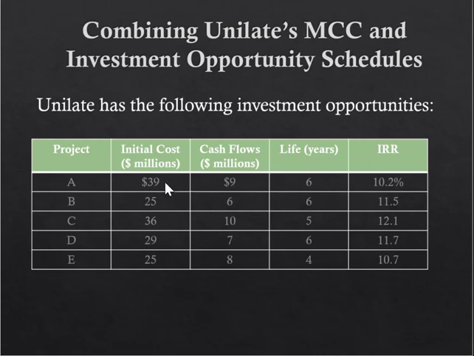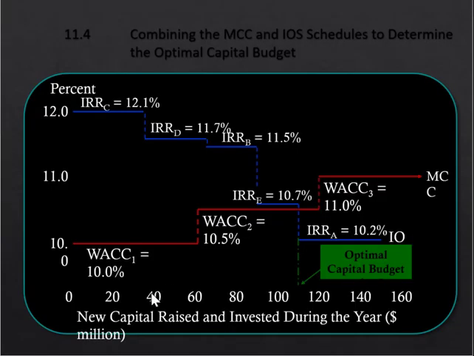So how would this look? Well, I know I've got to raise additional money in order to be able to get these started. So we start plotting that against the chart that we just had. You had our weighted average cost of capital with a breakpoint at 61 and a breakpoint at 120. Then we say, okay, for that 12.1%, that required about $40 million. Then we had the 11.7%, that required an additional 20-some million.